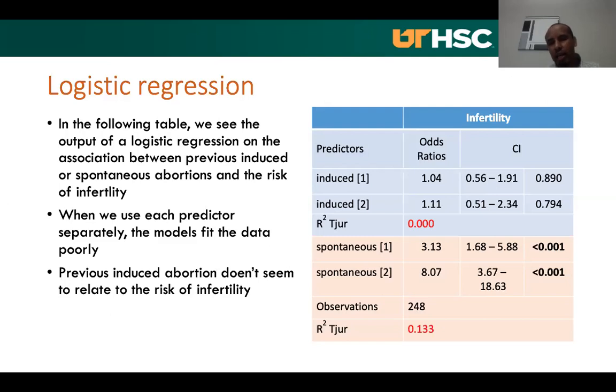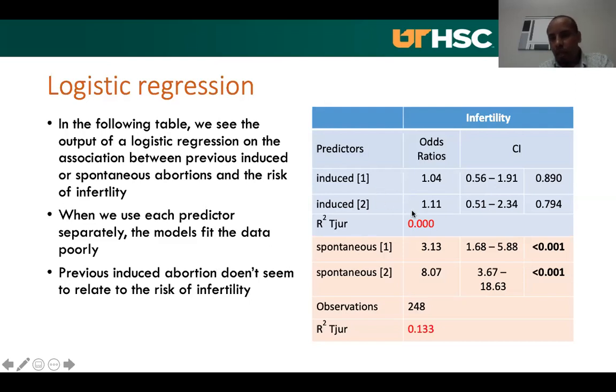So if 1 is found within the 95% confidence interval, then our odds ratio is not really significantly different from 1 or the null value, and we have to report that there is no association between having previous one induced abortion and infertility. There is no increased risk of infertility. In this case, we didn't adjust for any other variable.